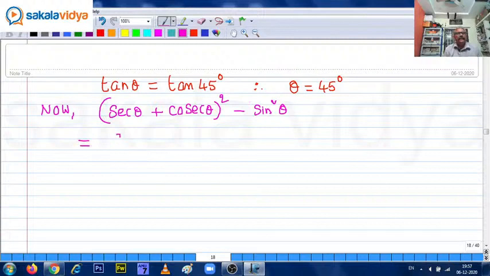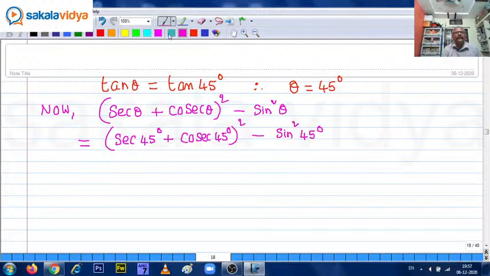This equals (secant 45 plus cosecant 45) whole square minus sin square 45.